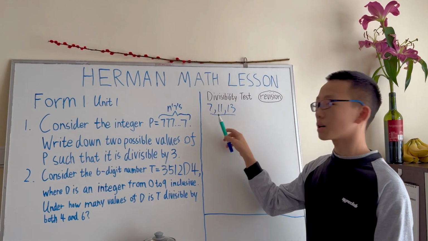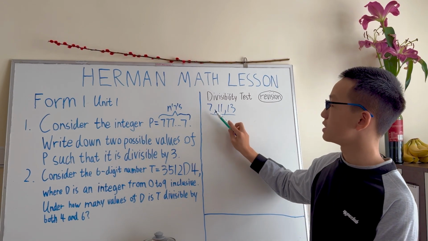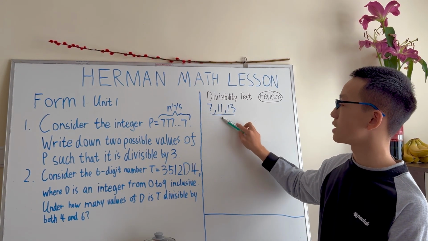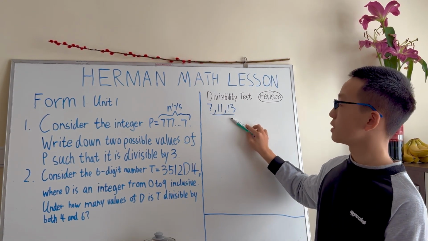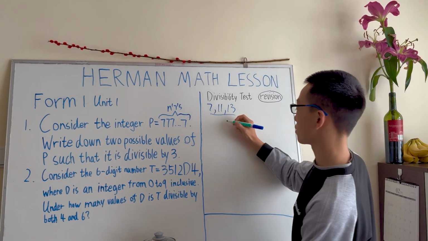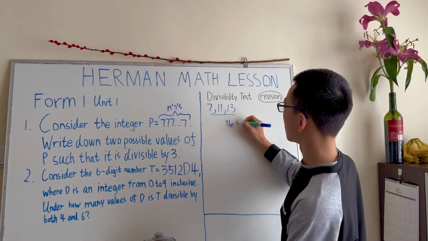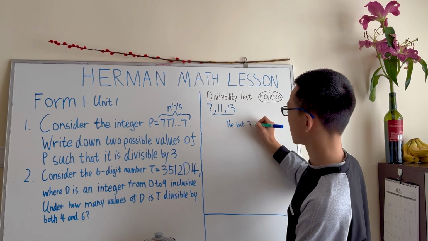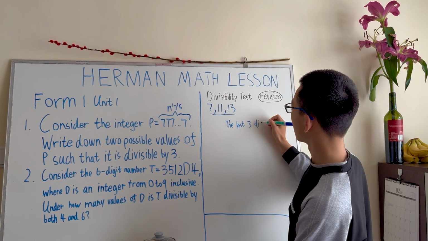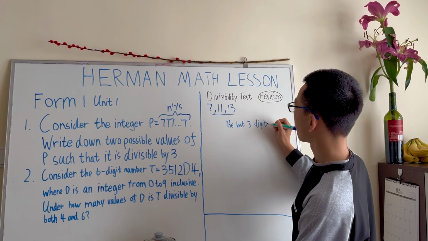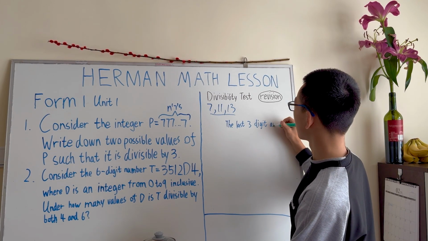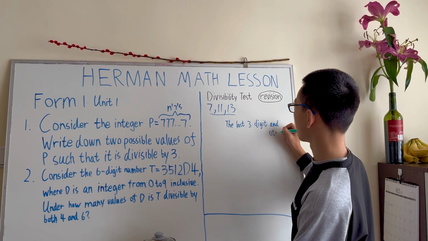When talking about whether a number is divisible by 7, 11, or 13, we look at the last 3 digits and the other digits of the number.